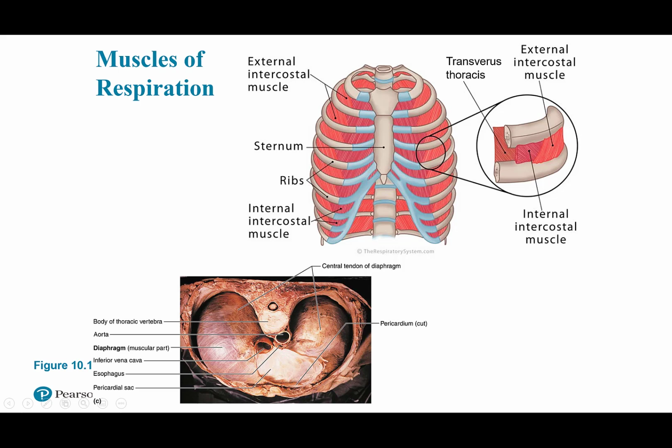It's kind of like a sheet that separates your thoracic cavity and the abdominal cavity. It actually is a muscle. It's very thin but extremely important, and it helps you increase the thoracic size when it contracts to help you breathe. Any damage to this muscle can lead to immediate death.